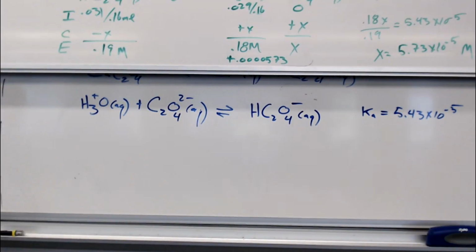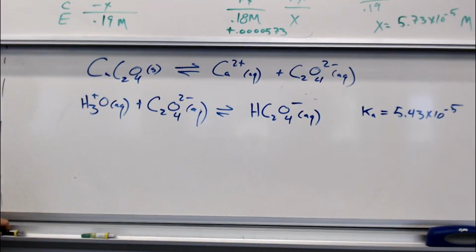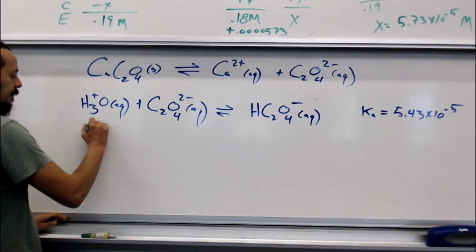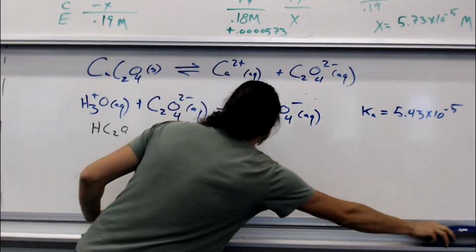So how do we explain the fact that a weak acid, even though it's just a weak acid, doesn't dissolve calcium oxalate when a strong acid does? It's more than just the dissociation. Let's look at acetic acid.